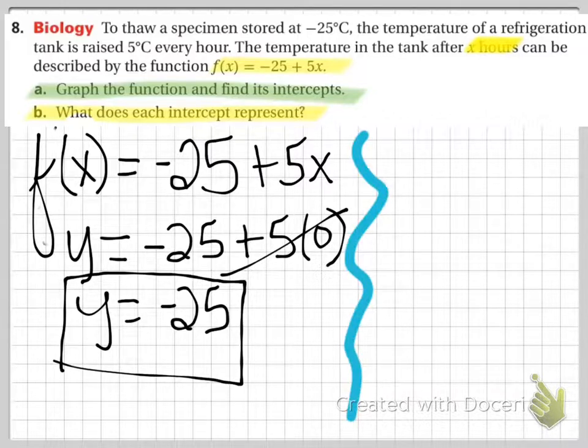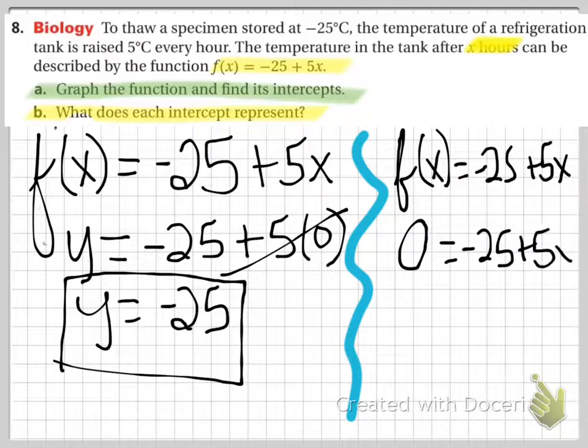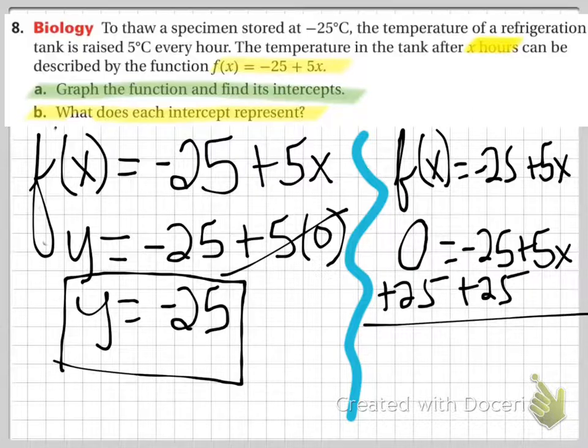Alrighty, let's do the x-intercept. So I have f of x equals negative 25 plus 5x. I'm going to replace that f of x with y, and I know my y is 0. So 0 equals negative 25 plus 5x. I'm going to add 25 to both sides, and I get 25 equals 5x.